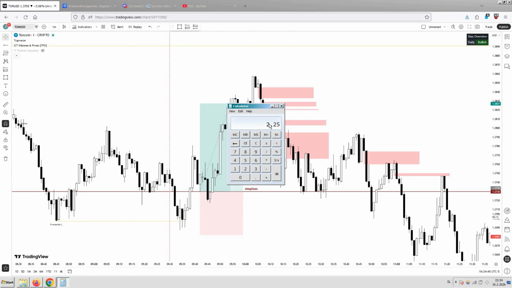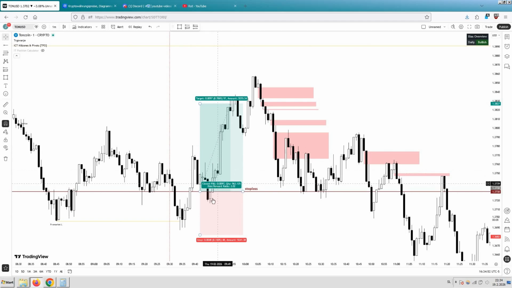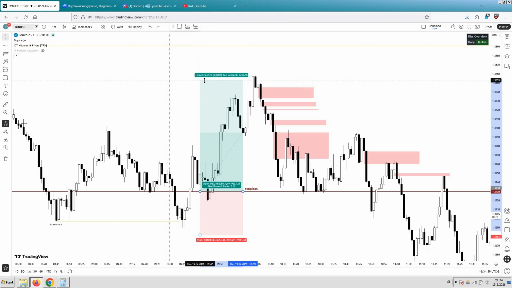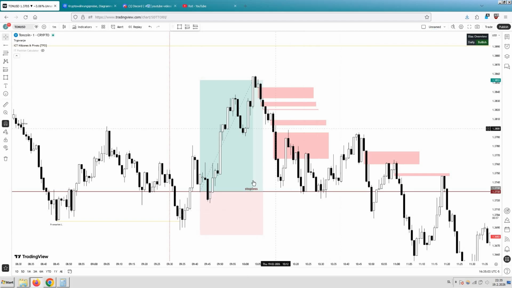Okay, we would make around 1.5 risk reward ratio. Okay, I don't know how to calculate this because you have half of the position and so on. But let's take a look if we hit 2.5. Yes, we hit it. We even hit 2.5. Okay, so yeah, that's the trade, bro.